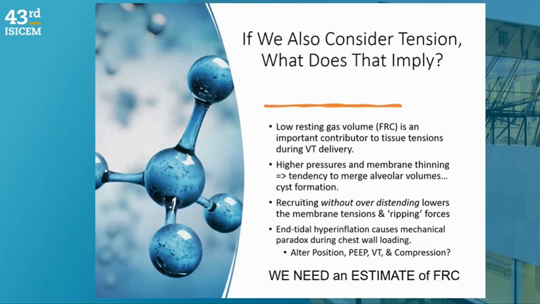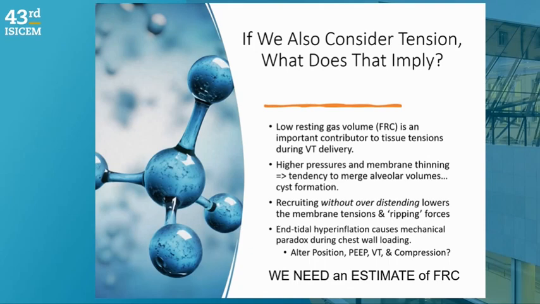So this is theory. If we consider tension, what does that really imply? It implies that a lower resting gas volume, or FRC, is an important contributor to tissue tensions during tidal volume delivery. If I deliver the same tidal volume with a smaller FRC, I increase the tension at the end of inspiration and cause more damaging tension and pressure.